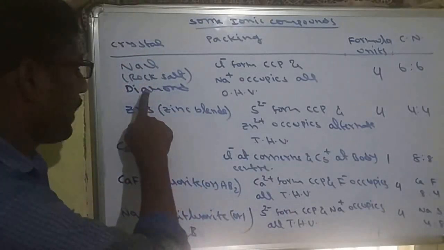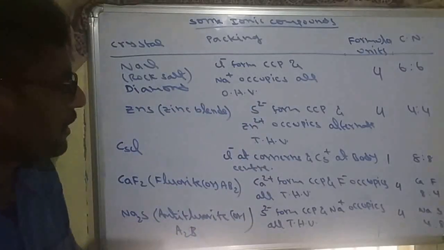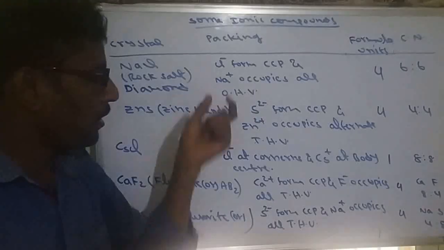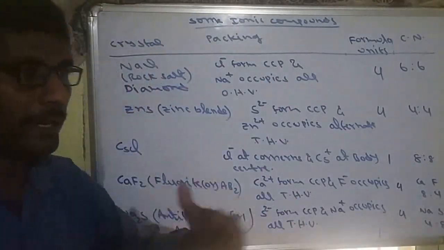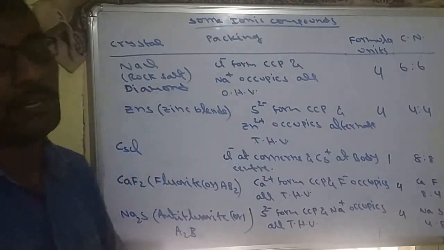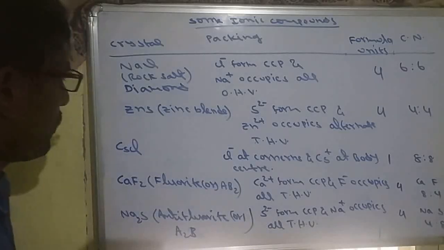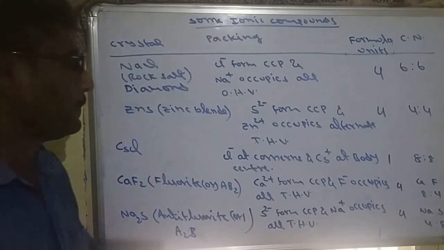So in diamond the number of carbon atoms will be 8. Why? Because 4 atoms are required for the CCP formation and 4 atoms for the occupation of octahedral voids. Total 8 atoms form the diamond structure, because it is similar to NaCl.